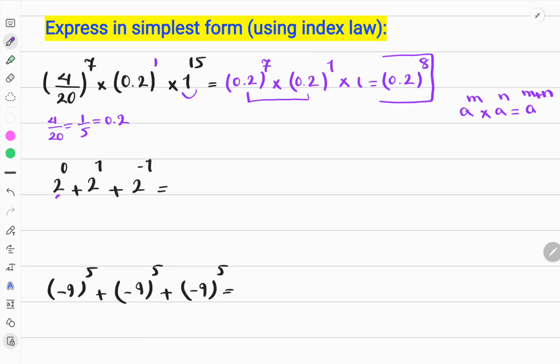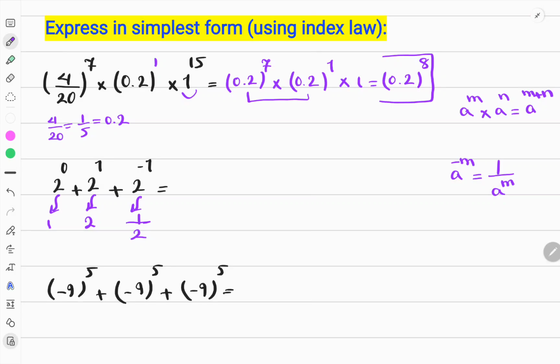For the next one, 2 to the power 0 equals 1. 2 to the 1 is 2, and 2 to the negative 1 is 1/2, because according to the negative rule, a to the power of negative n equals 1 over a to the power of n.